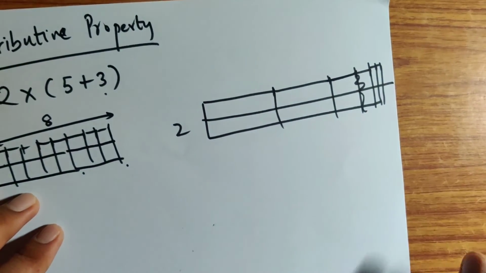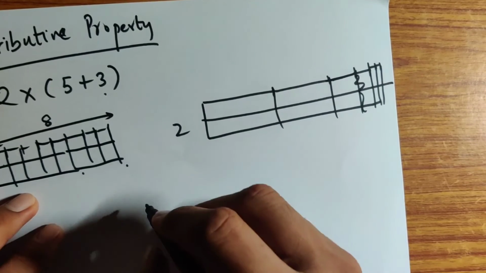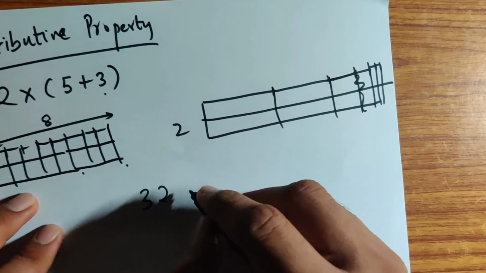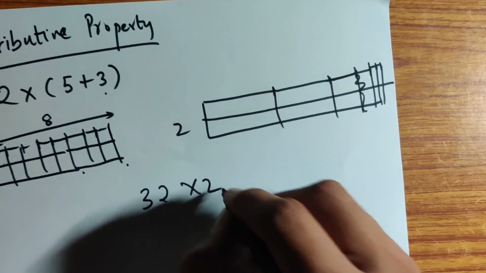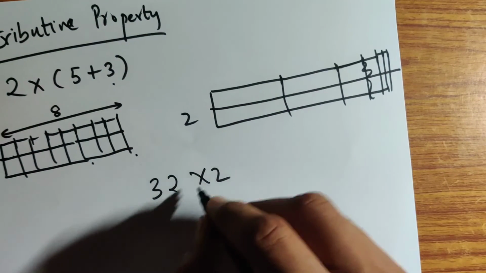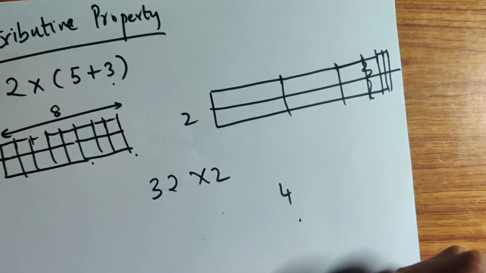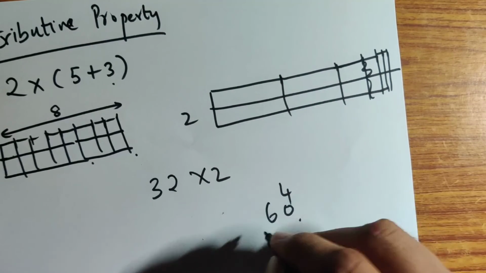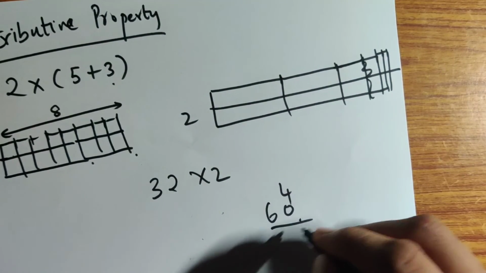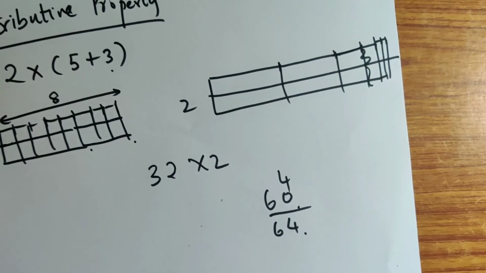Otherwise, I will not be able to do it. So when I am multiplying 32 with 2, I am imagining that I should be able to multiply 2 times 2 and get a 4. I should be able to multiply 2 times 3 and get a 60, and I should be able to add the 2.